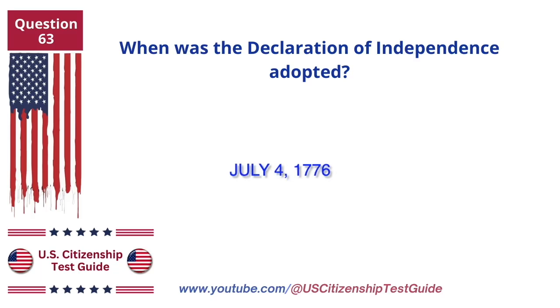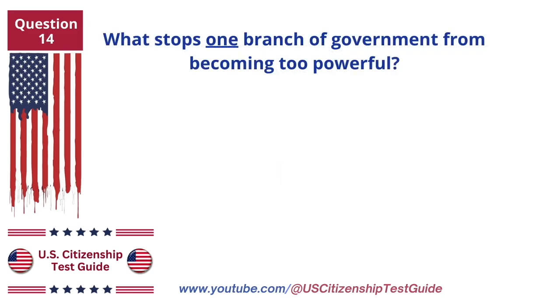July 4, 1776. What stops one branch of government from becoming too powerful? Checks and balances.